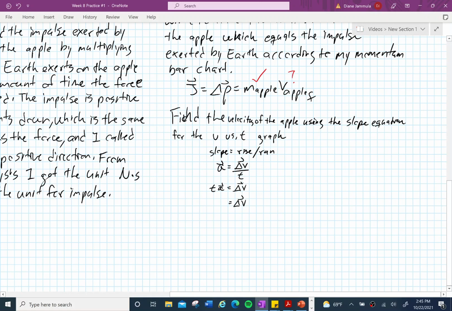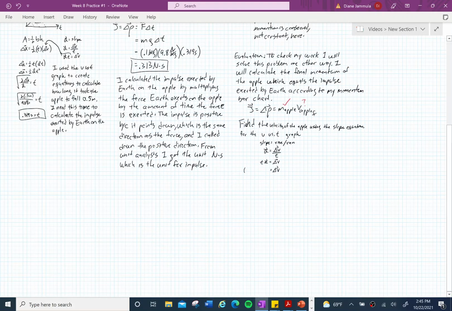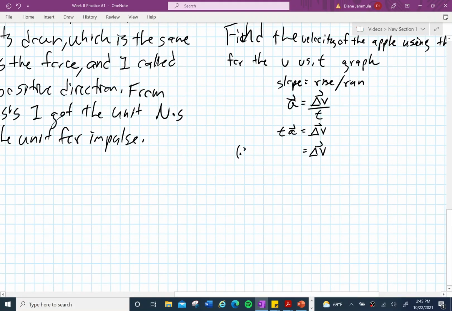The time we found earlier, what was the time? Oh, 0.319 seconds. The acceleration was 9.8 meters per second squared. Okay, let me multiply that. Okay, I get 3.126 meters per second for my change in velocity.